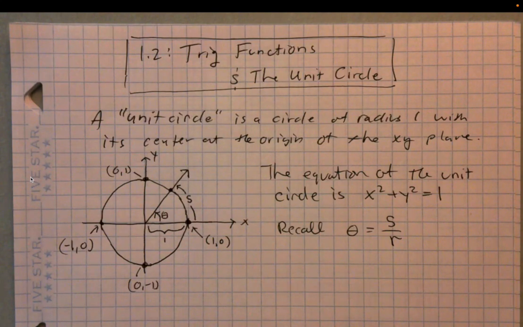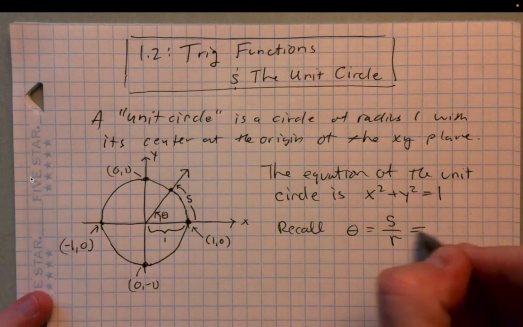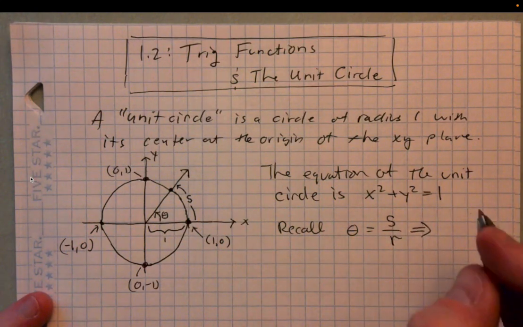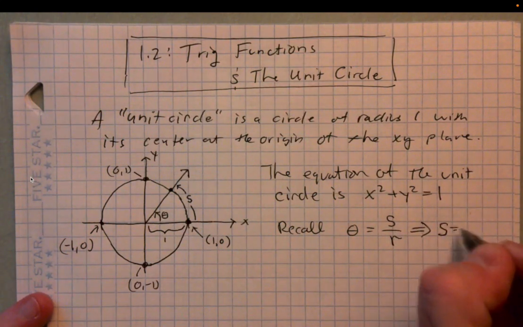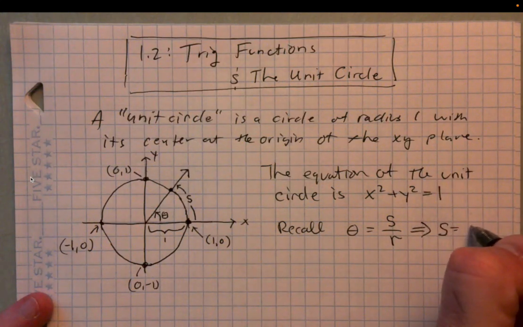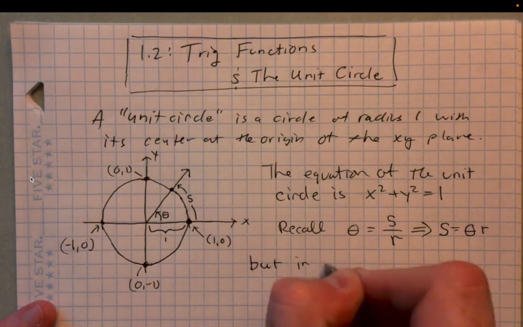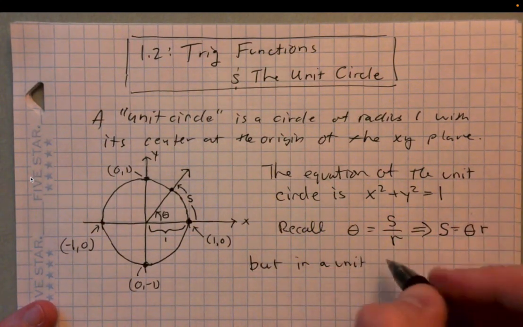Now, if theta equals s over r, then what is s? Just do a little algebra, multiply both sides by r. You can see that s is equal to theta times r. But in a unit circle, what is r?